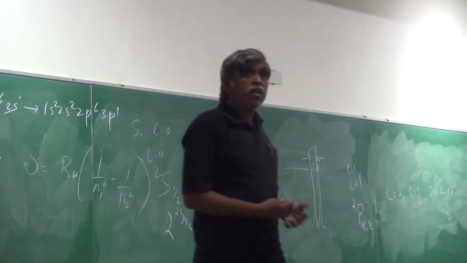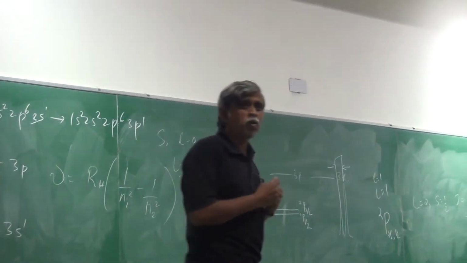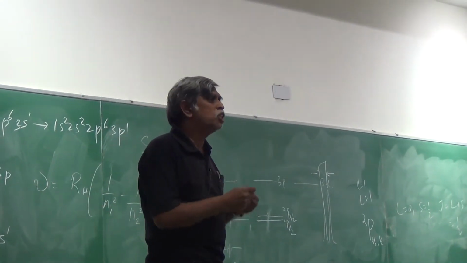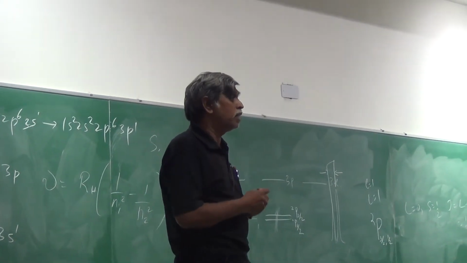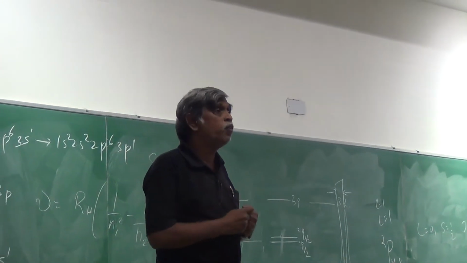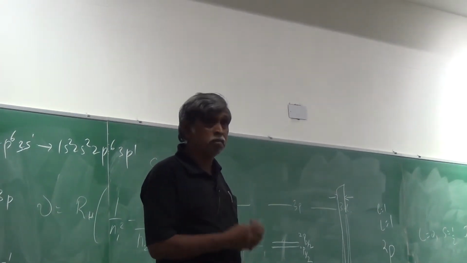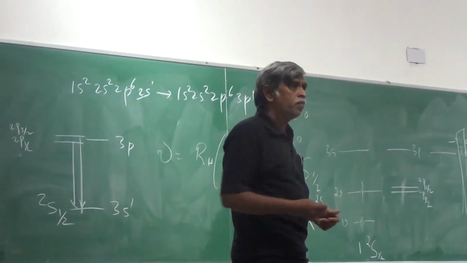We will see more complicated systems later on, but I just gave you this to impress upon you that it is absolutely essential to be able to look at electron configurations, not simply as electron configurations, but in terms of term states. Only if you have them in your mind in terms of term states are you going to be able to explain such phenomena.